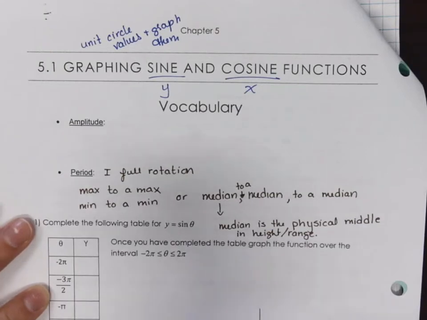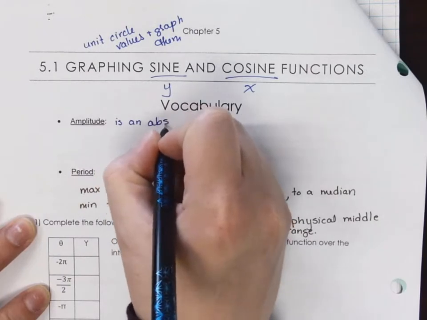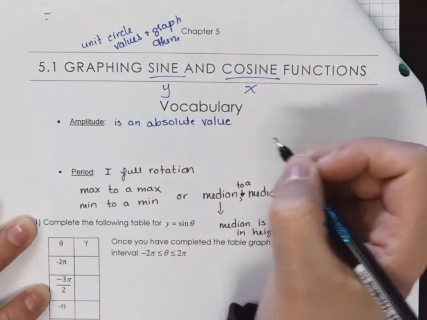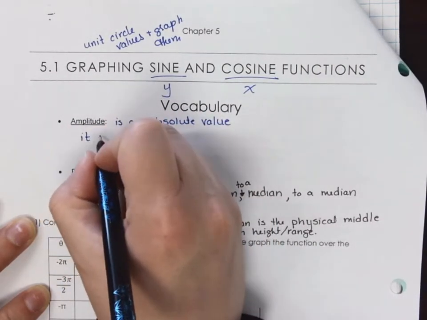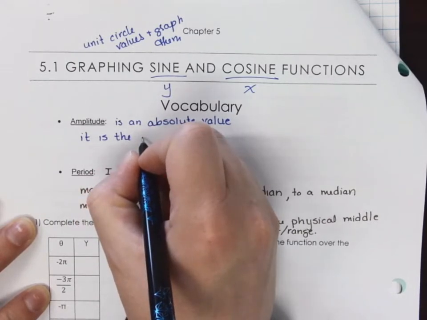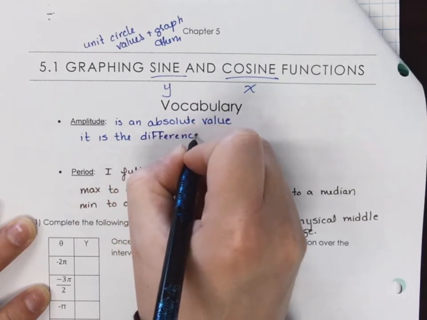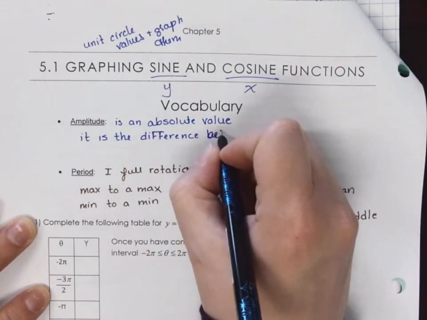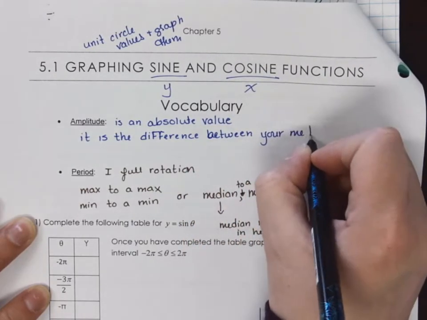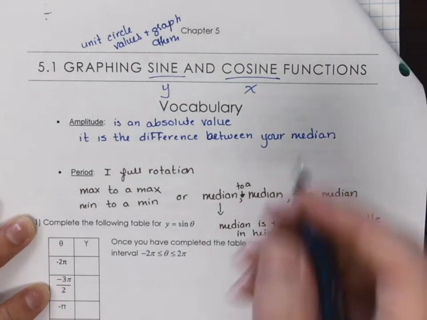Okay, so let's talk about amplitude. Amplitude is an absolute value, so it's always positive.